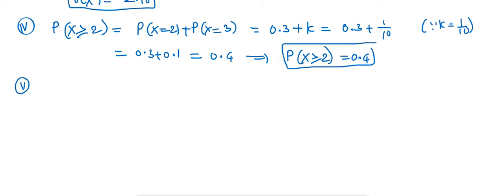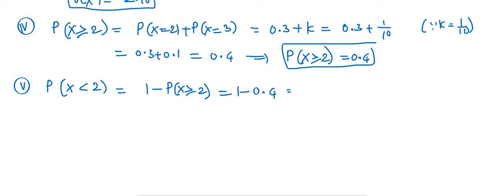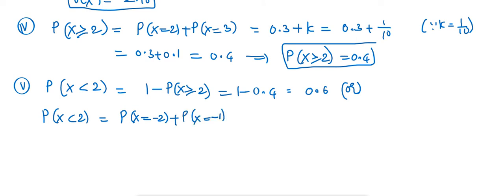Next, fifth one, probability of x is less than 2. We know that 1 minus probability of x greater than or equal to 2 is the probability of x less than 2. It is equal to 1 minus 0.4 equal to 0.6, or probability of x less than 2 means we can take probability of x equal to minus 2 plus probability of x equal to minus 1 plus probability of x equal to 0 plus probability of x equal to 1.